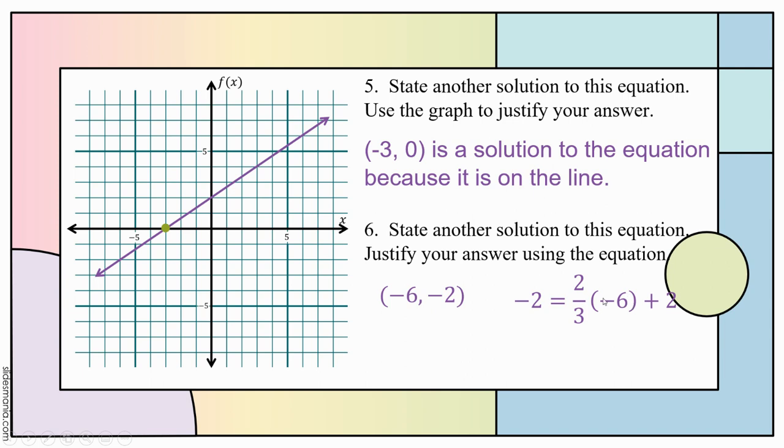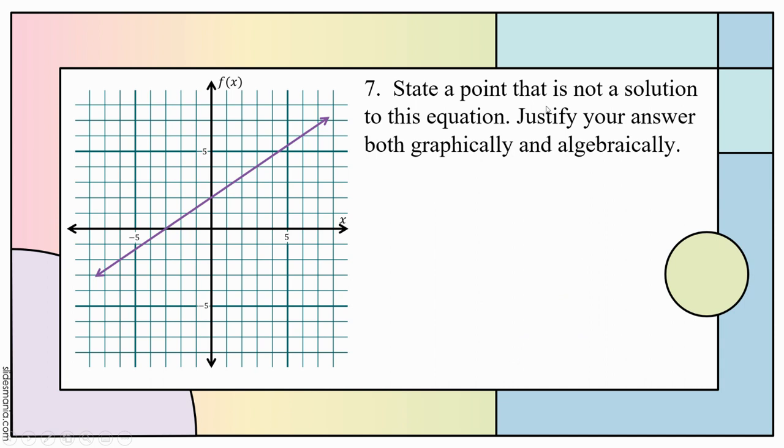So substituting -6 in for x and -2 in for y, or f of x, 2/3 times -6 is -4. -4 plus 2 is -2. So we get -2 equals -2. So that proves that -6, -2 is on the line, and it satisfies the equation.